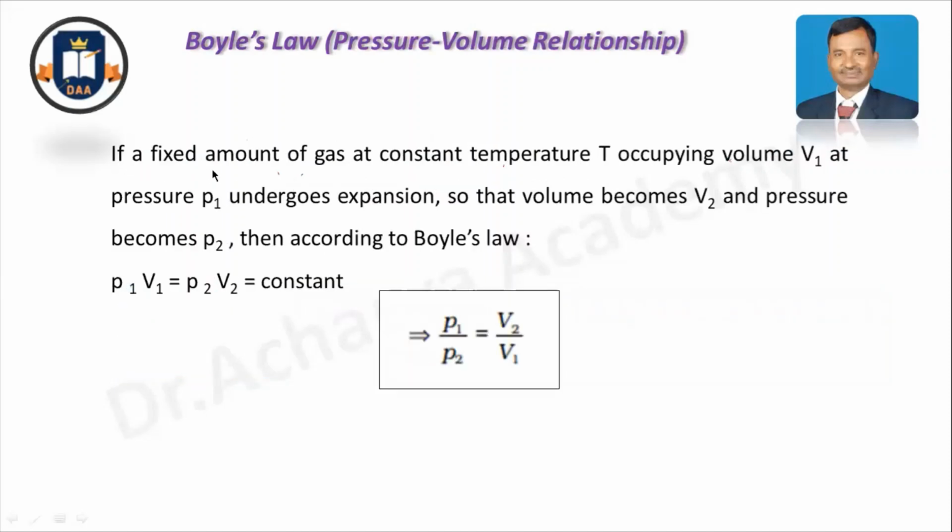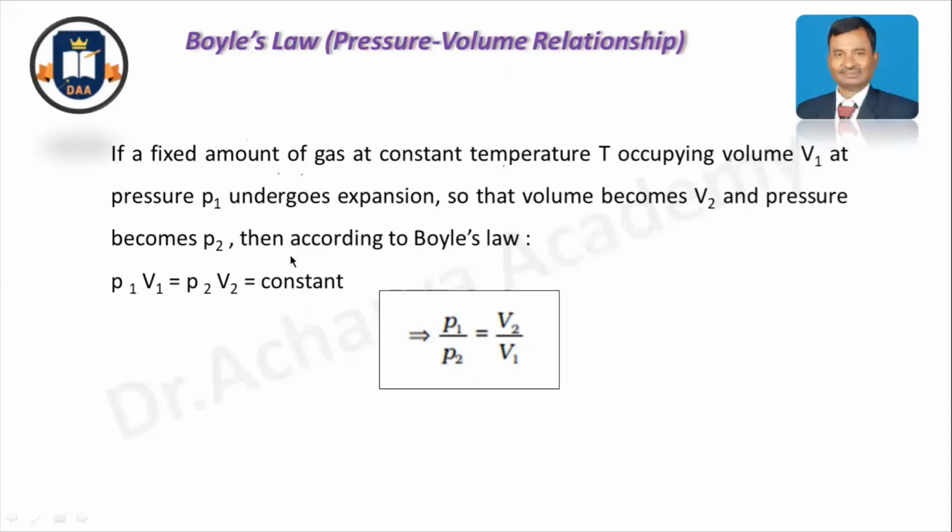Suppose a fixed amount of gas at constant temperature T has volume V1 at pressure P1, and it undergoes expansion. In the second situation the volume becomes V2 and the pressure becomes P2.